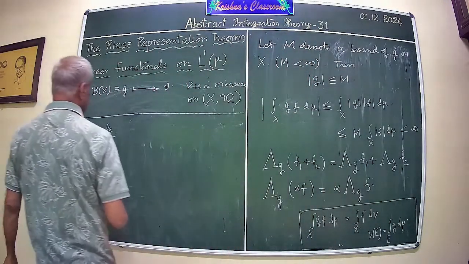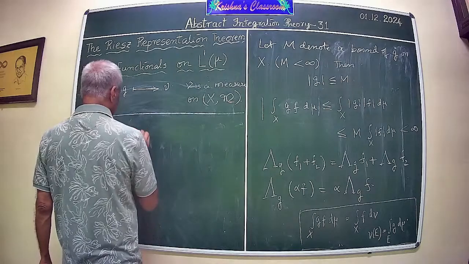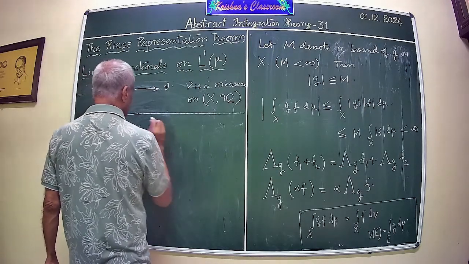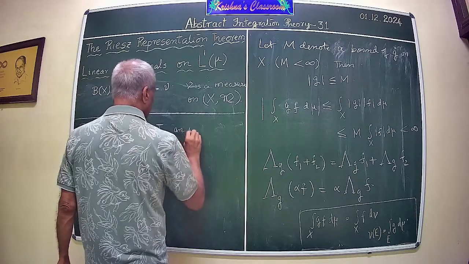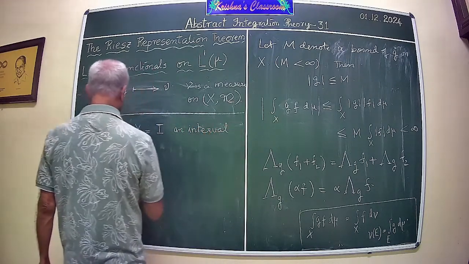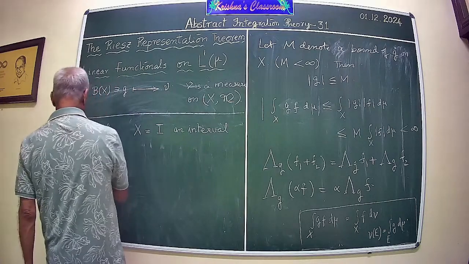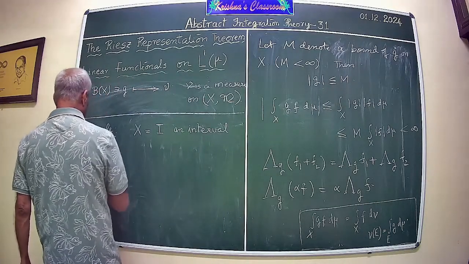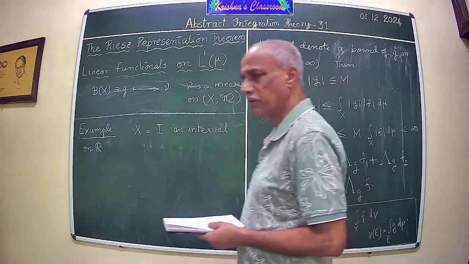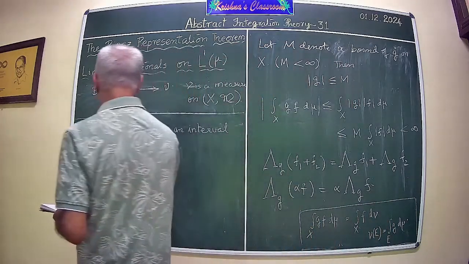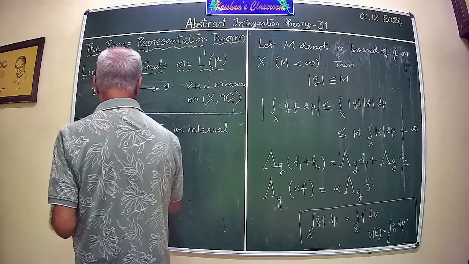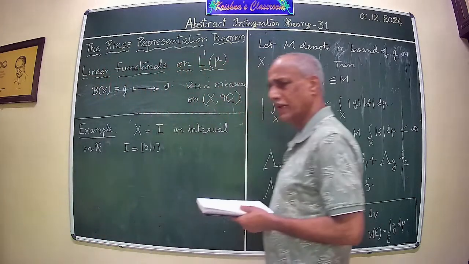So we take X to be equal to I. We take I as an interval. You can even take I to be a special case, we take I as 0, 1.